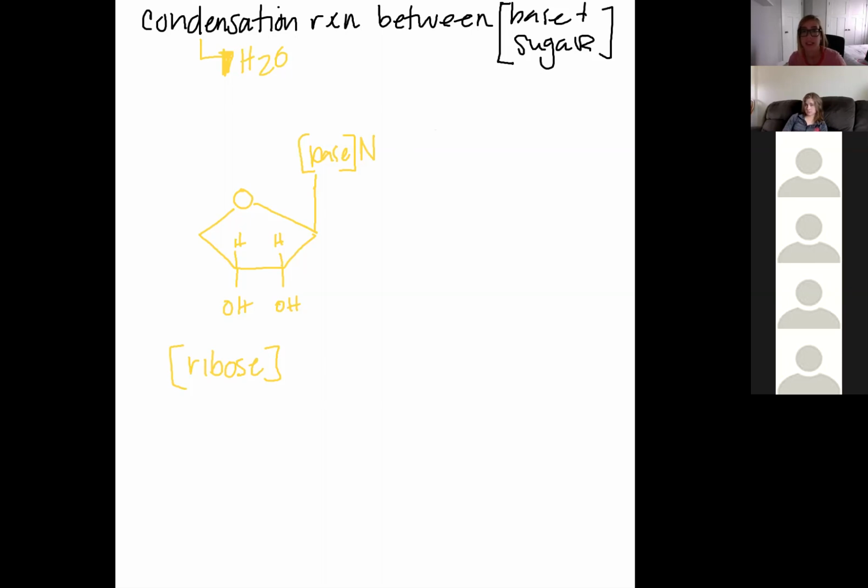So let's see. Let's clear this. Okay, cool. So I want you to start looking at some bases. There's only 4 of them. I know it's hard asking you guys to memorize these things, but it's really nice to kind of see how these will bridge. So if I have this sugar, which we've already determined what it is, okay?